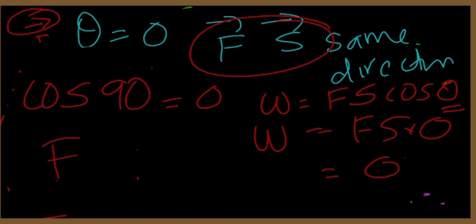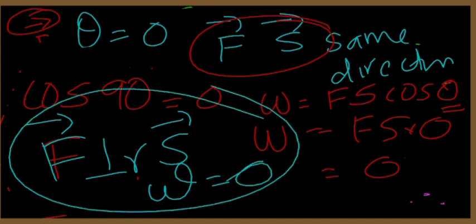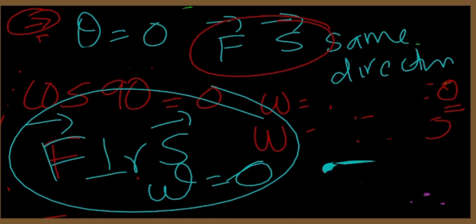If the force acting and the displacement are perpendicular to each other, then work done will be 0. So that is our second case. So let's see what its examples are, where we can find cases when W, that is work, is 0.